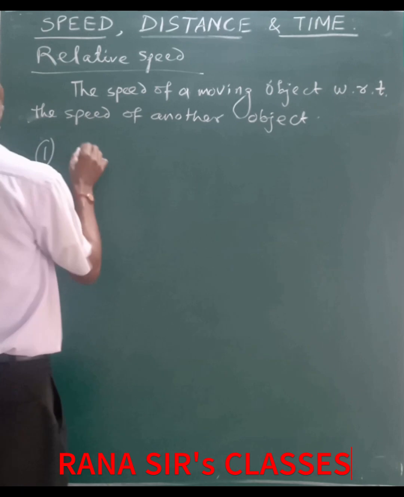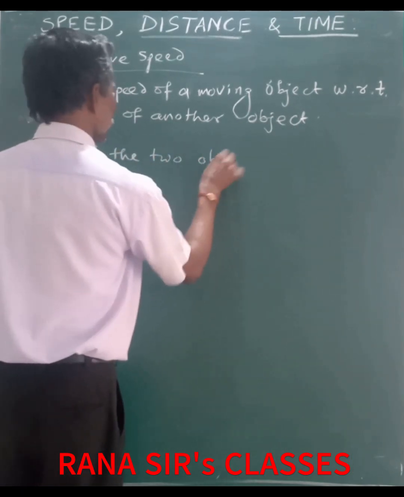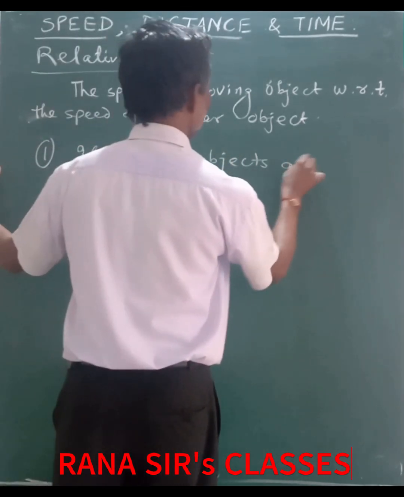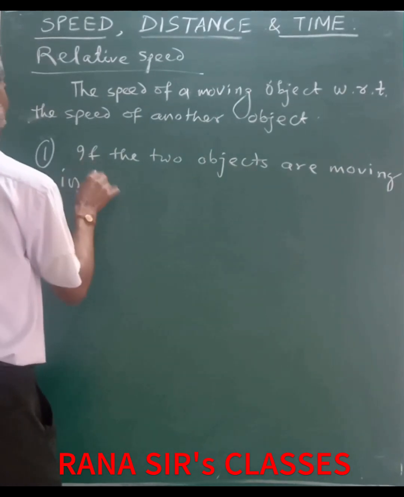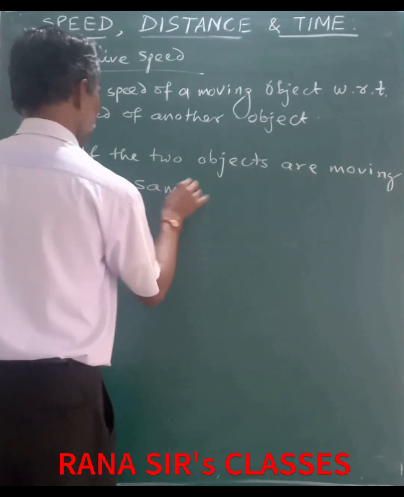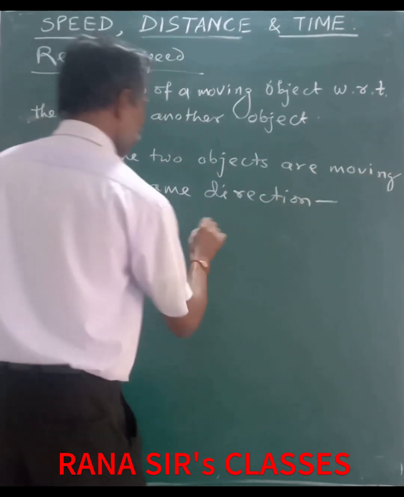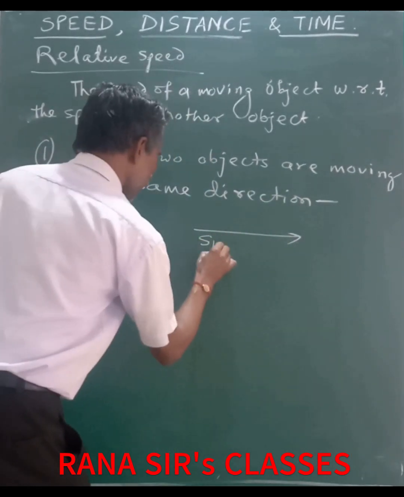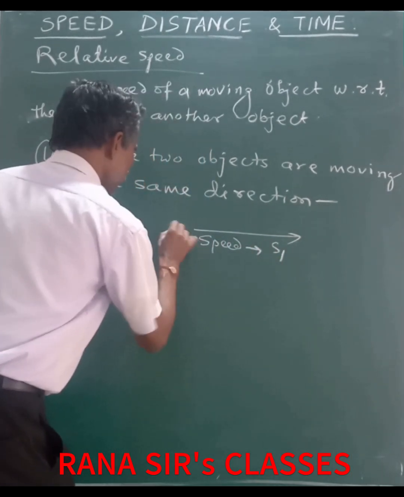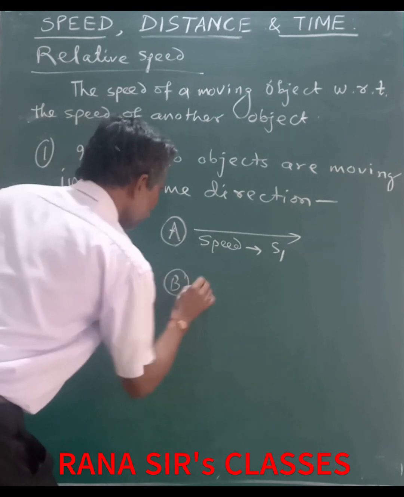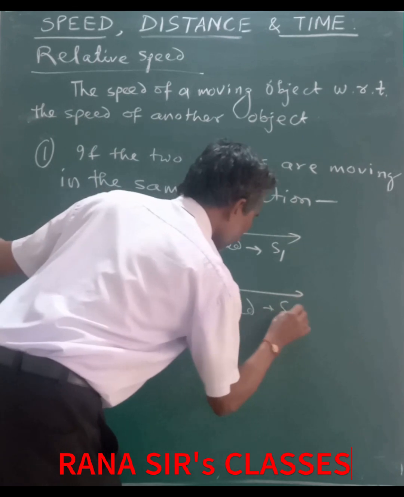One, if the two objects are moving in the same direction. Suppose speed of one object is equal to s1, this is A, another object B, speed is equal to s2.